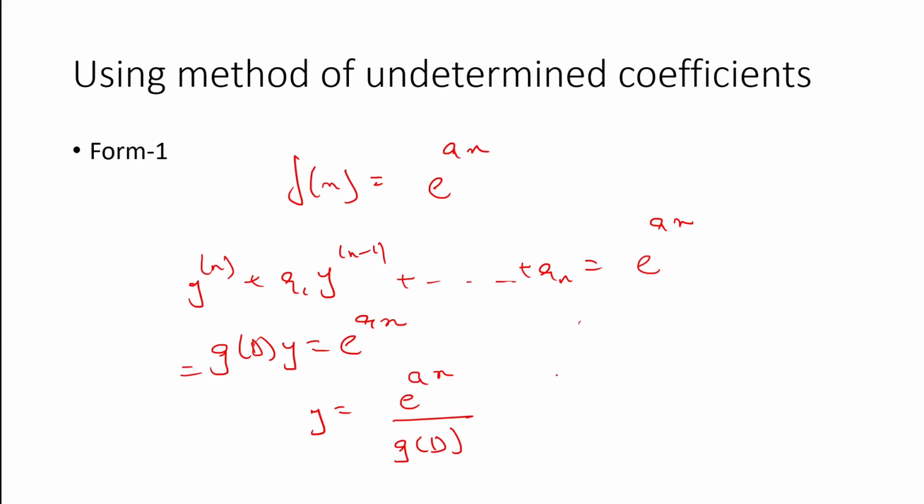We input D equal to a, and we get e power ax divided by g of a, where you replace all D with a.